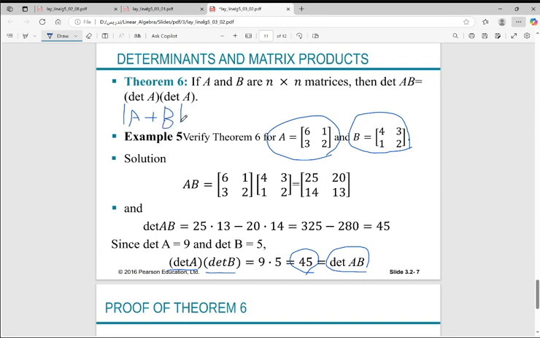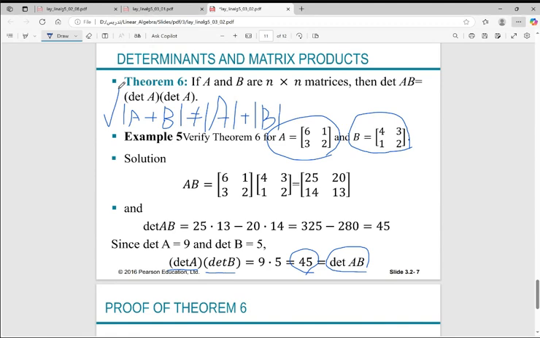Determinant of A plus B is not equal to determinant of A plus determinant of B. You should keep this in your mind, right?